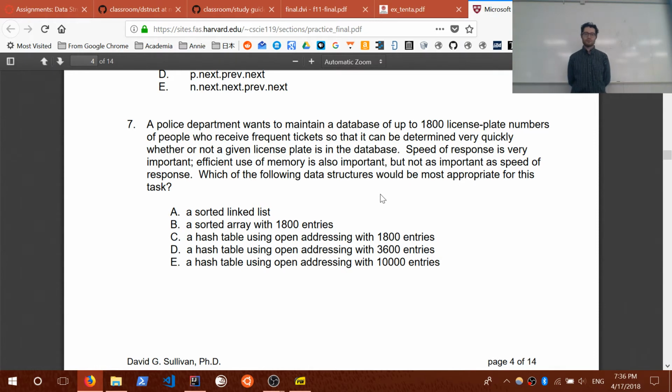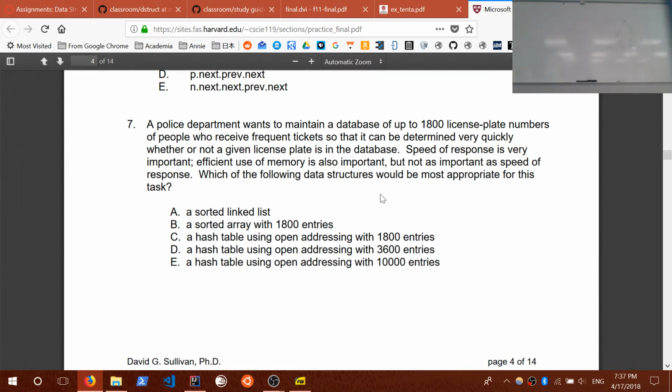Which of the following data structures would be most appropriate? A sorted linked list, a sorted array with 1,800 entries, a hash table with 1,800 entries, a hash table using open addressing with up to 3,600 entries, or a hash table using open addressing with up to 10,000 entries.